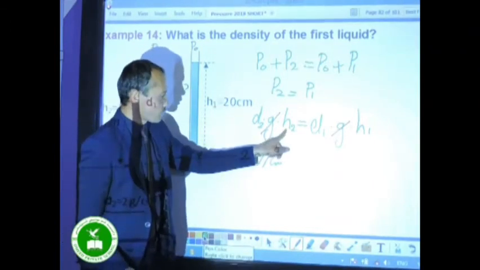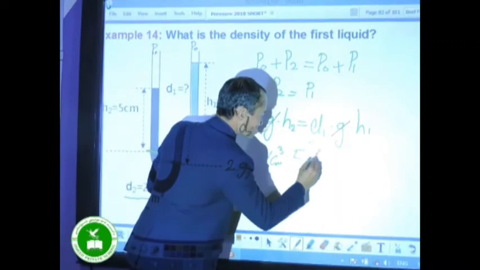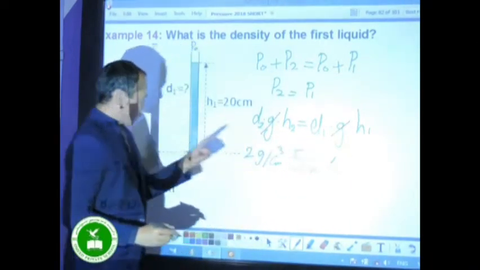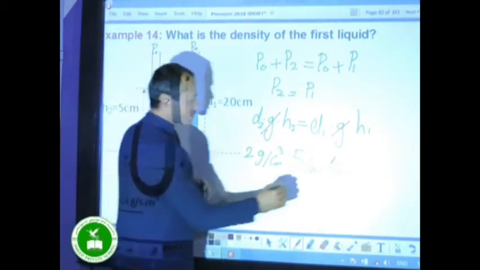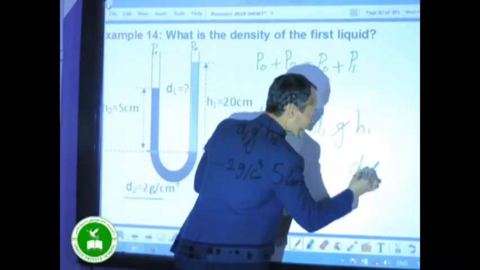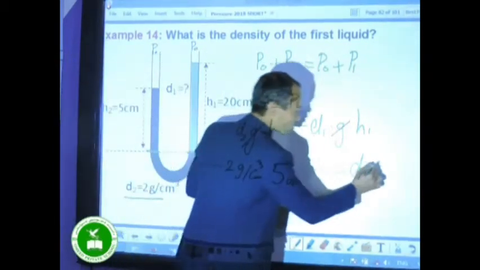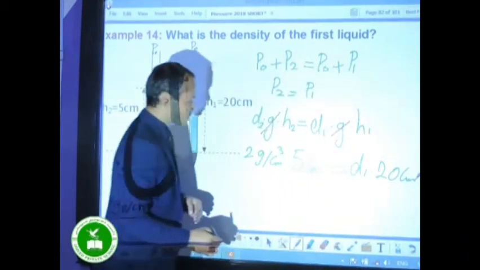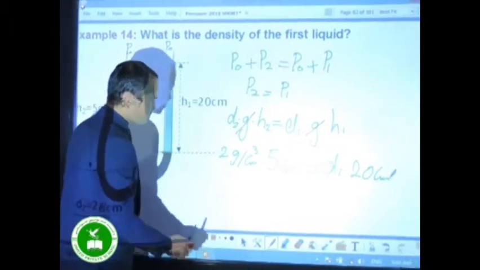Next, height of second liquid is 5 centimeter, equal to density of first liquid, we don't know, we have to calculate, d1, times height of first liquid, which is 20 centimeter.